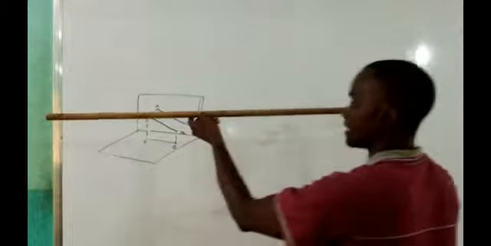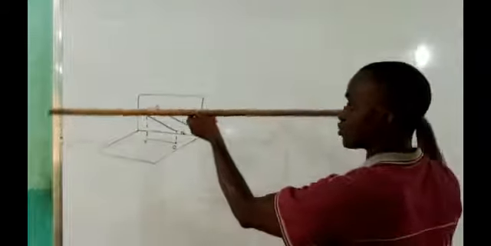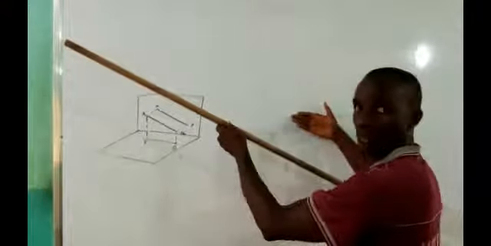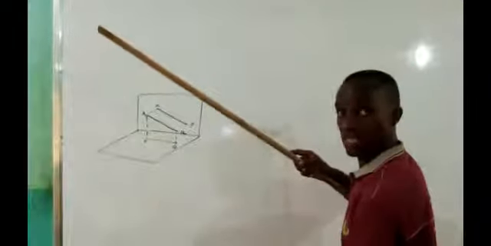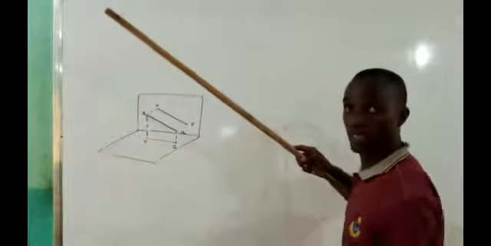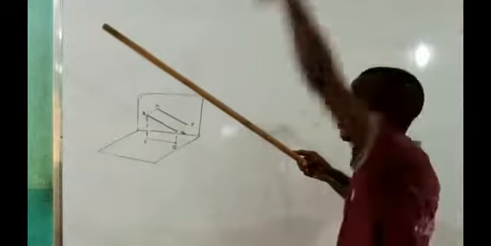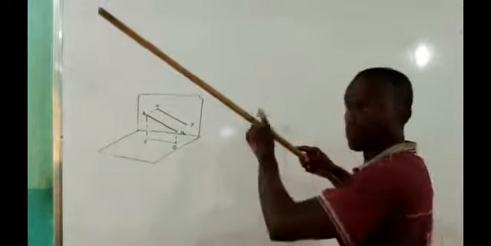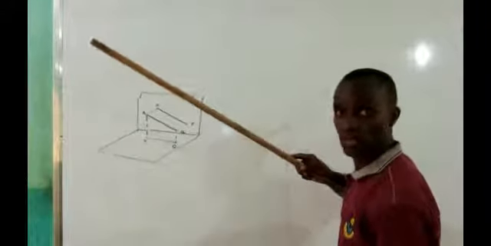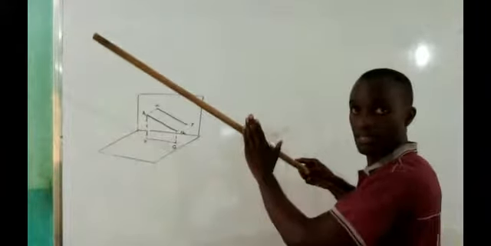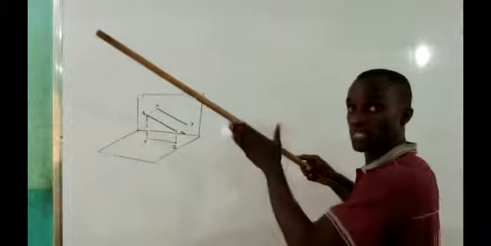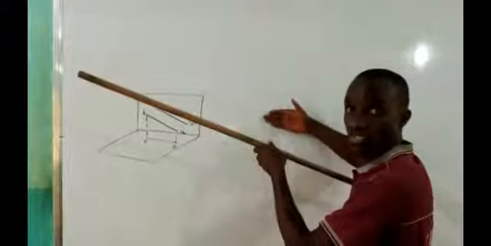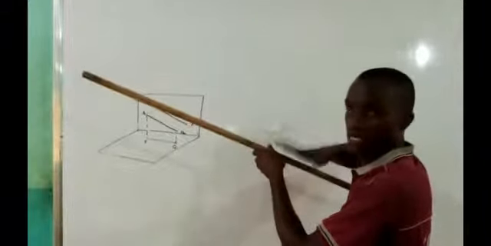If I turn it like this, it is still parallel to this vertical face, but as far as the ground is concerned, the stick is no longer parallel. If you flash a torchlight on it from above, the shadow cast on the ground will be shorter because you have inclined the stick. And if you flash a torch from this side, the image on this particular plane will still be the same length as the stick.